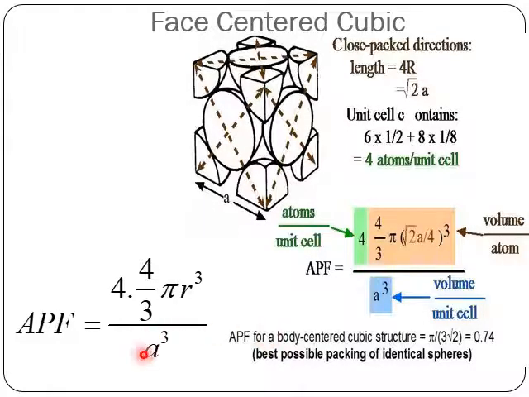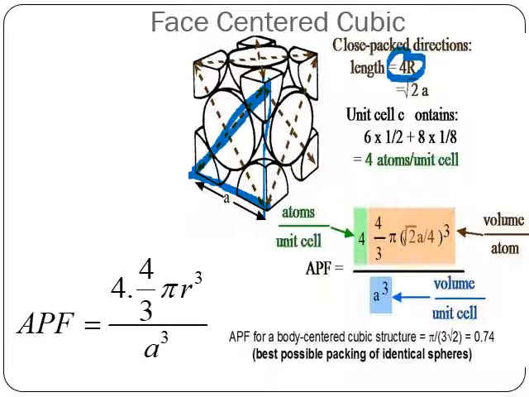Now to express a in terms of r, if you take any one face, this is the closest packed system. If you take one right angle triangle, this is the direction in which the atoms are more, and that is nothing but 4r.